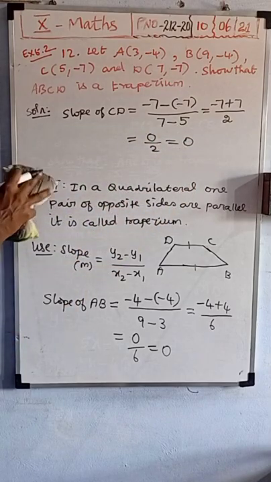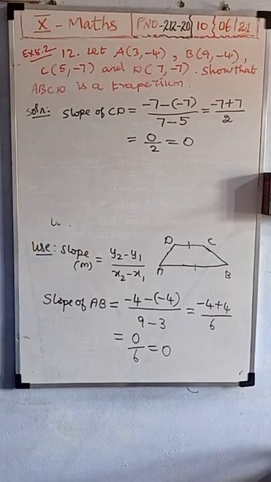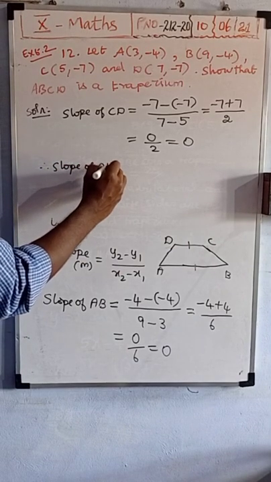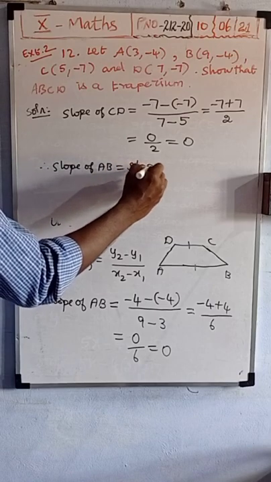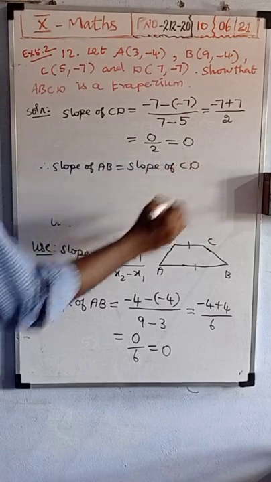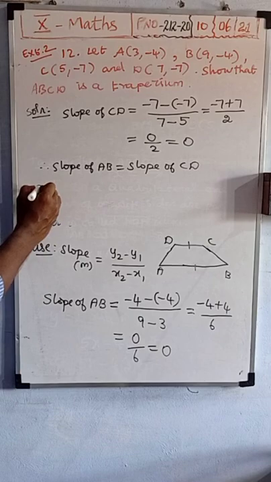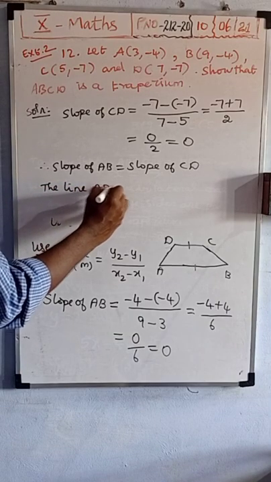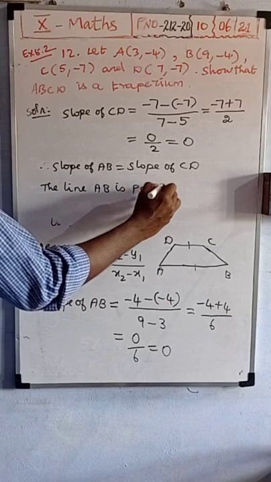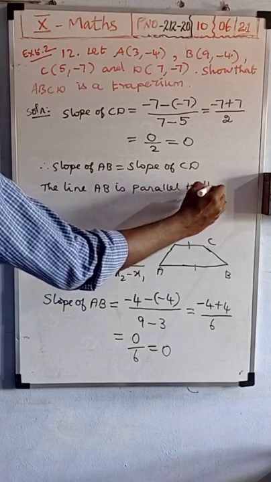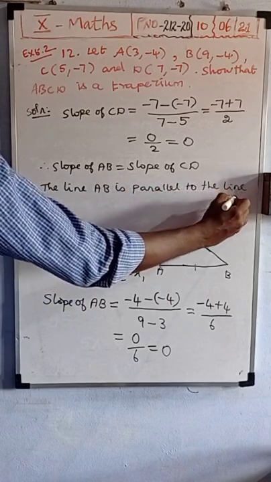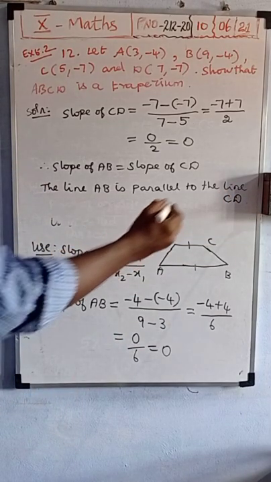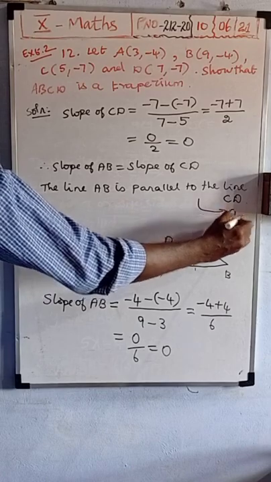So see here, slope of AB is equal to slope of CD. These two slopes we received the same. That means the line AB is parallel to the line CD. This is considered as equation 1.